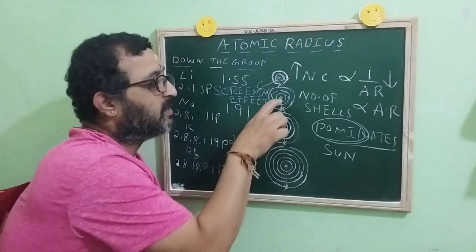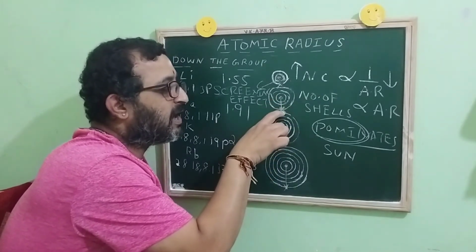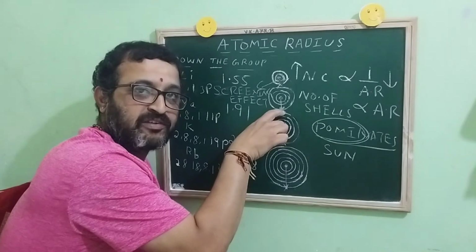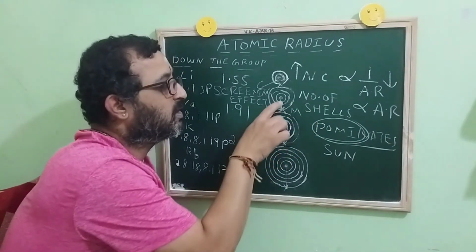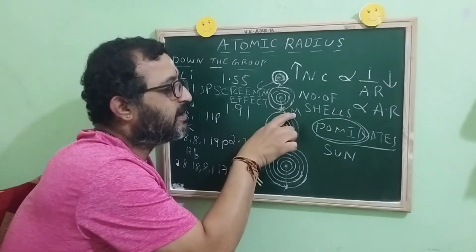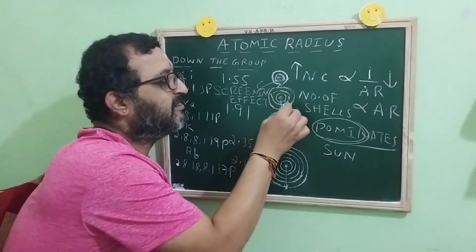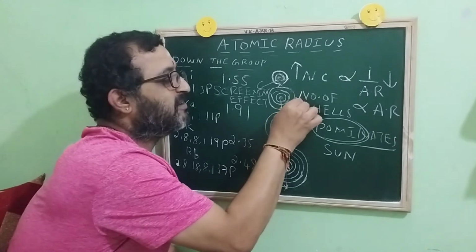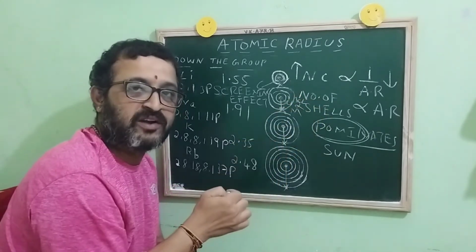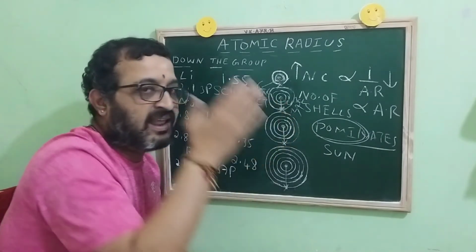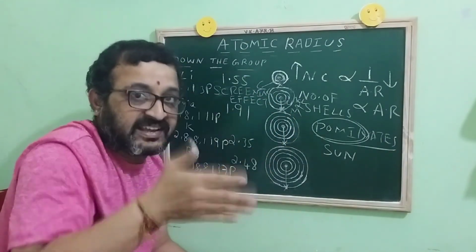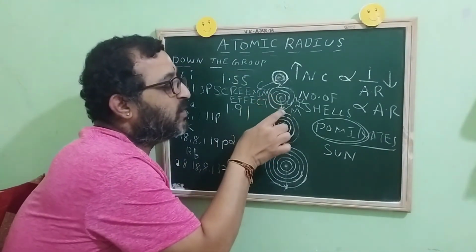Now, this nucleus is trying to pull the electrons present in the outermost shell, which is what shell? M shell. Now, between nucleus and M shell, how many shells are there? Two more shells are there. Which are they? One is K and another one is what, sir? L. Don't you think that this K and L are acting as screens between nucleus and what?